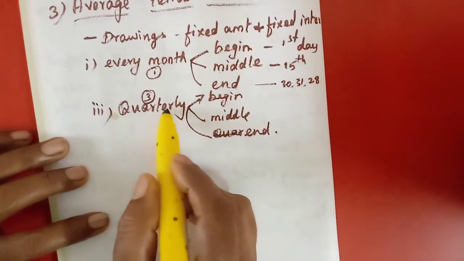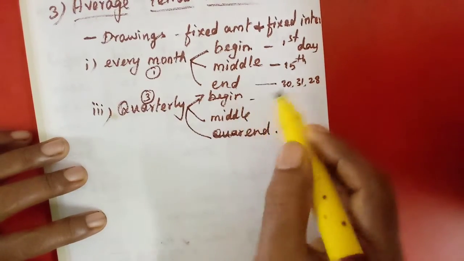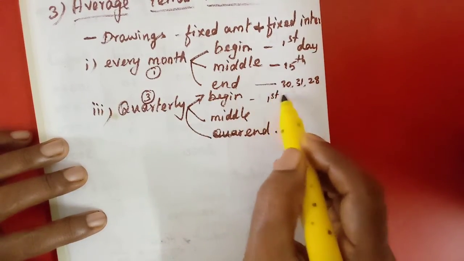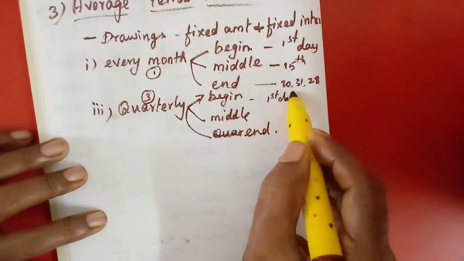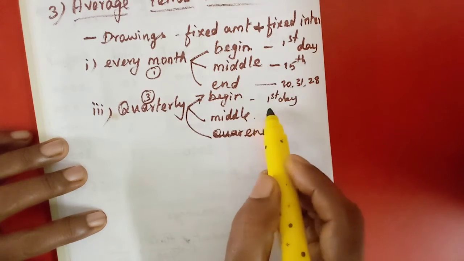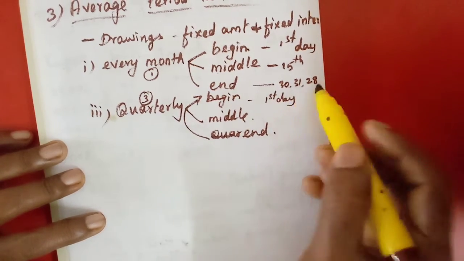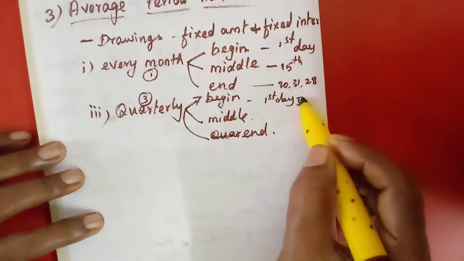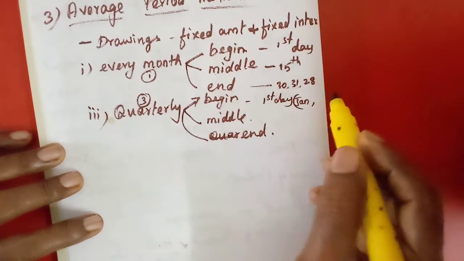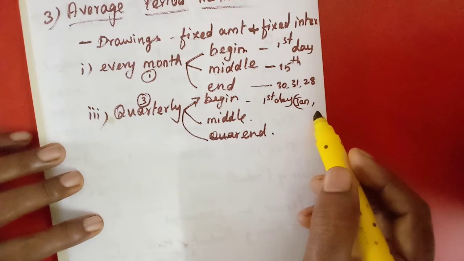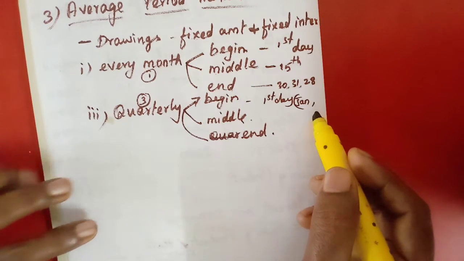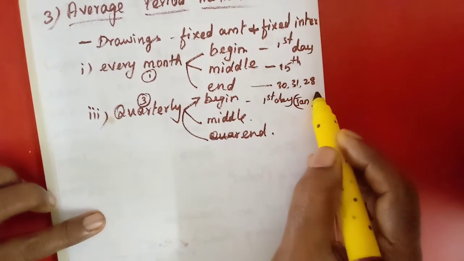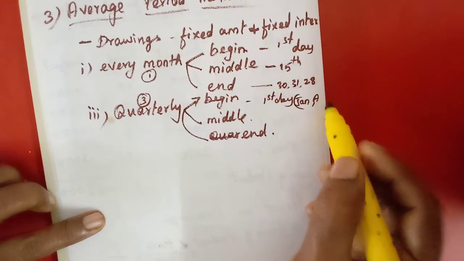Okay, then quarterly means it starts first, isn't it? First day. Here, first day of which month? Quarterly means January 1. Then, after 3 months, isn't it? January, February, March. Then, April, he will withdraw.